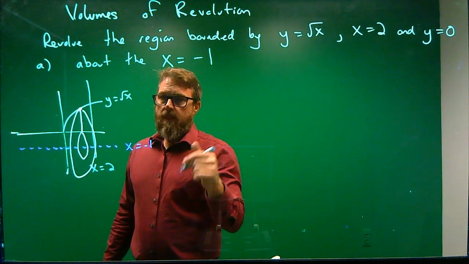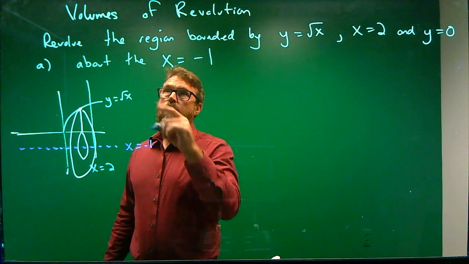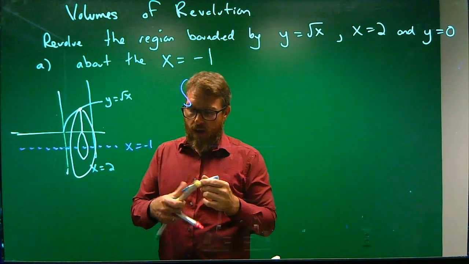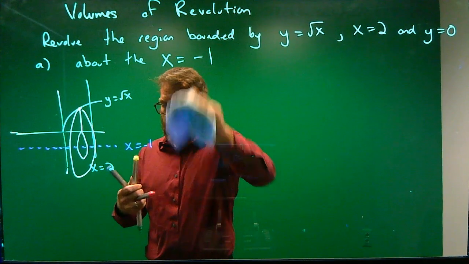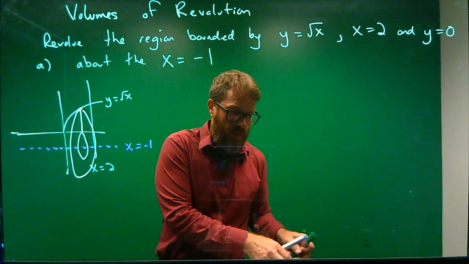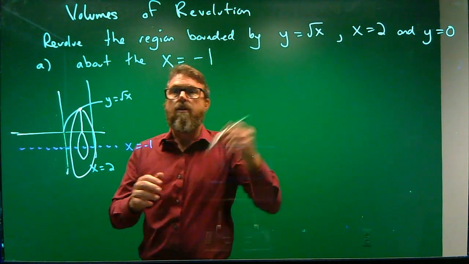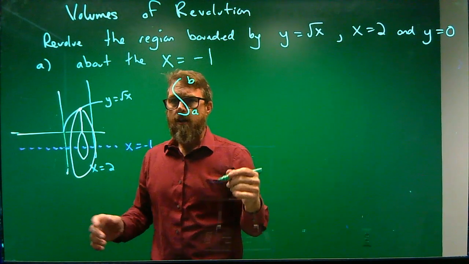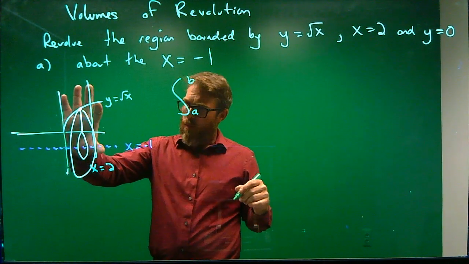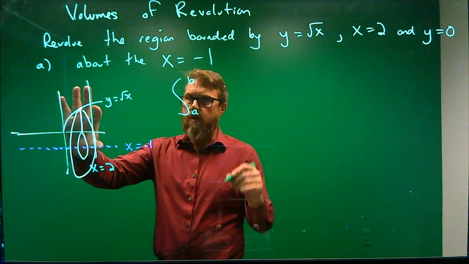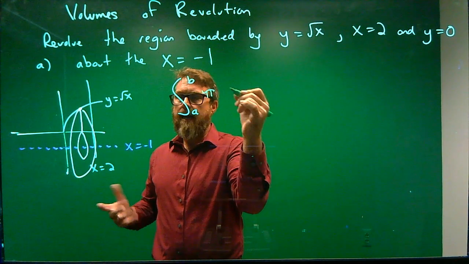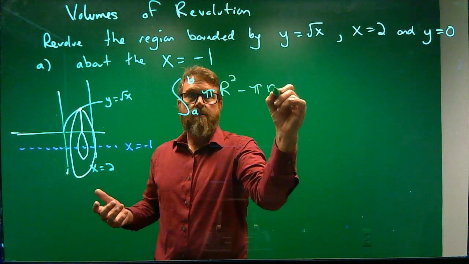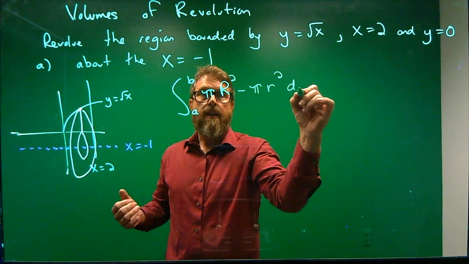So for finding these revolutions, it still comes down to the integral from a to b of the cross-sectional area. When we have a washer, this is going to be pi times the big radius squared minus pi times the little radius squared, dx.